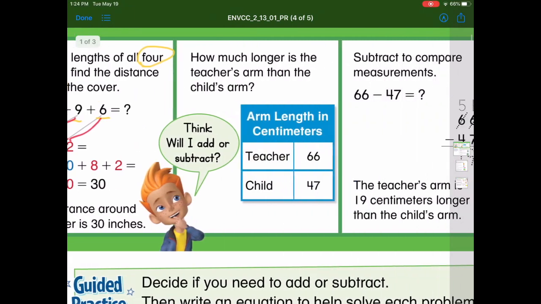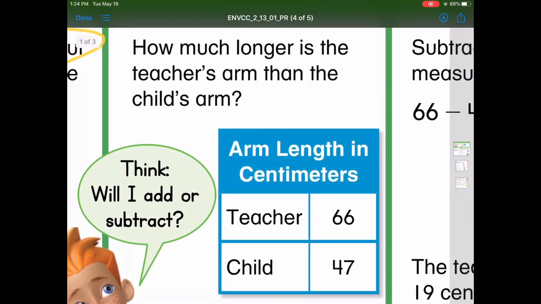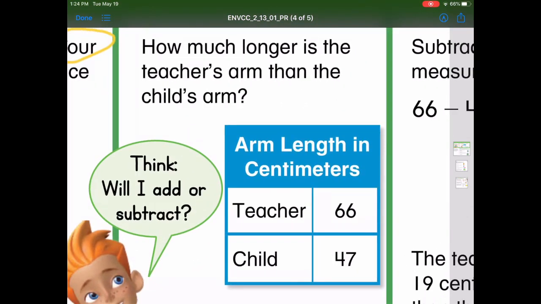Now in our next scenario, our friend's telling us how much longer is the teacher's arm than the child's arm. Are they asking us how long the teacher's arm and the child's arm is together? Or are they asking us the difference between the teacher's arm and the child's arm? If you see here it says how much longer, that means they're asking us the difference between the two lengths.